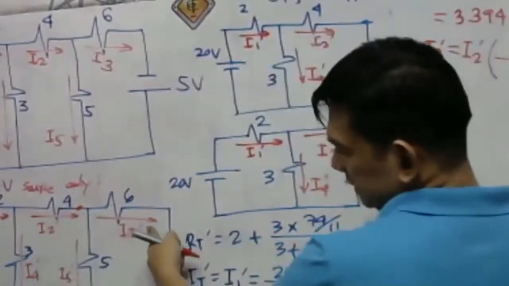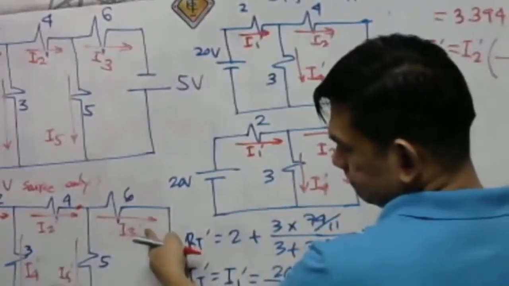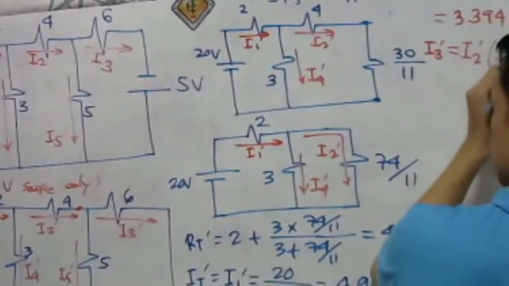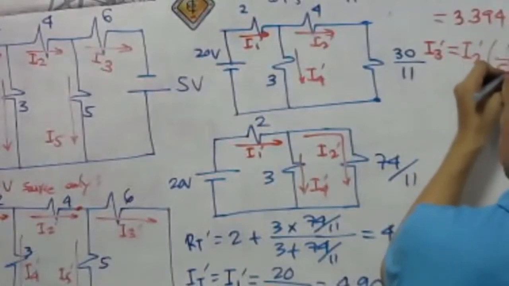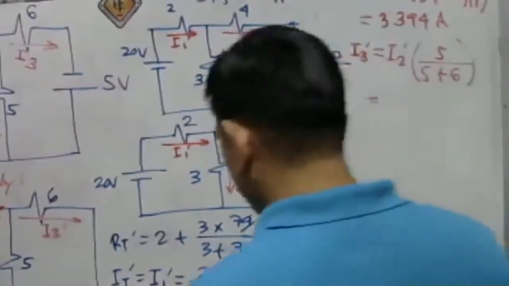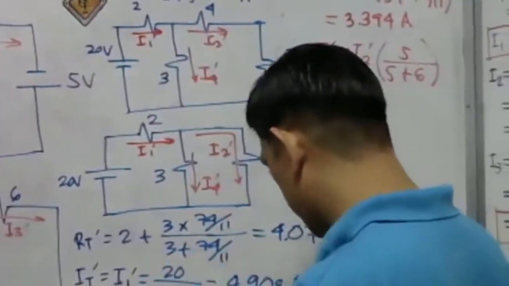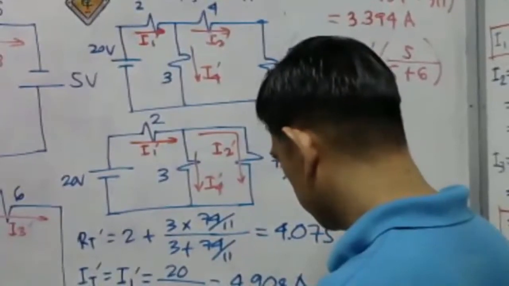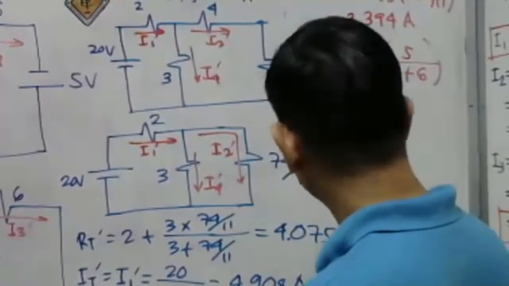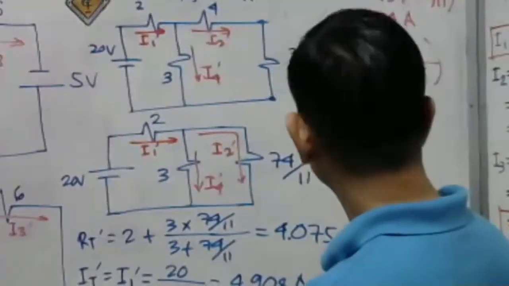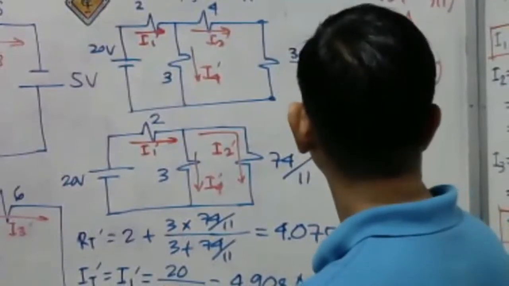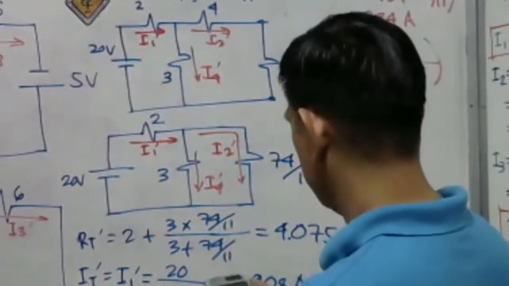What is the opposite resistance of I3 prime? 5. Okay? 5 over 5 plus 6. We have the value of I2 prime, that is 1.514, then times 5 divided by 5 plus 6, which is 11.